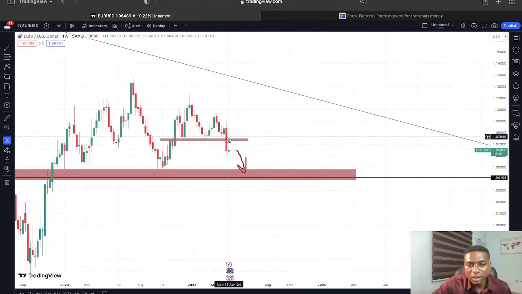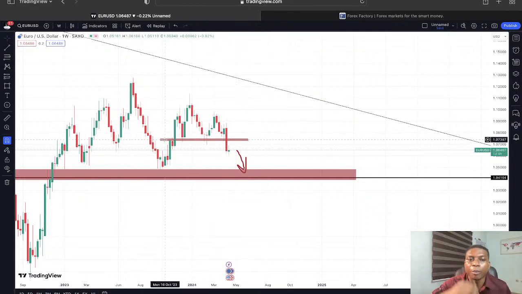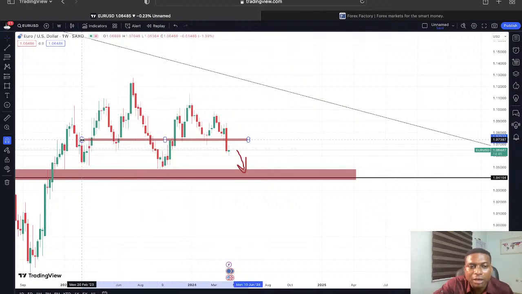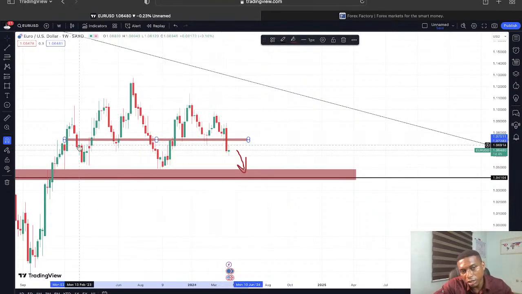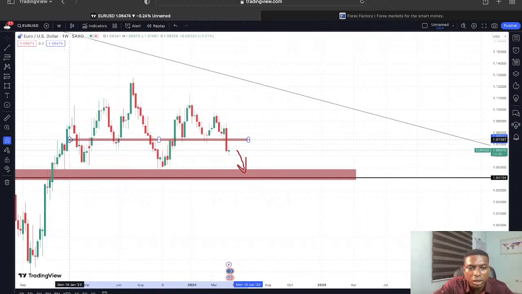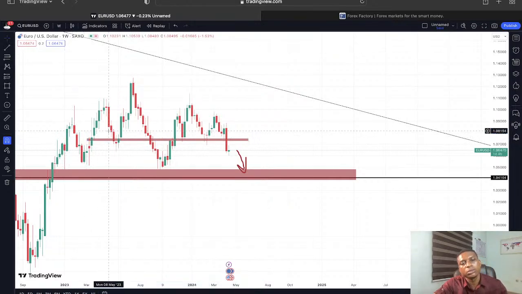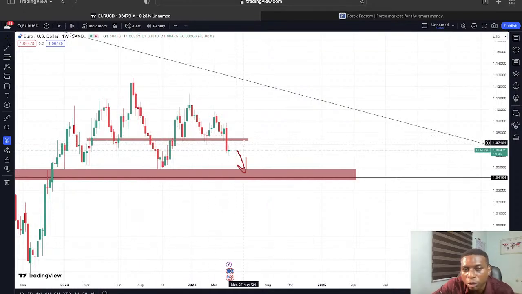So the last week candle broke through this support zone. This is a very critical, very important support zone.